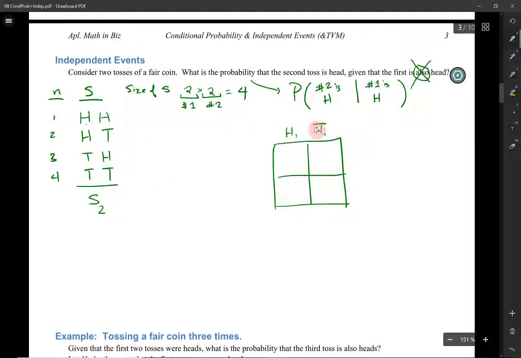If this is the vertical one, then this one would become the horizontal one, and H1 basically is that the first one is ahead, and H2 would be that the second one is ahead.